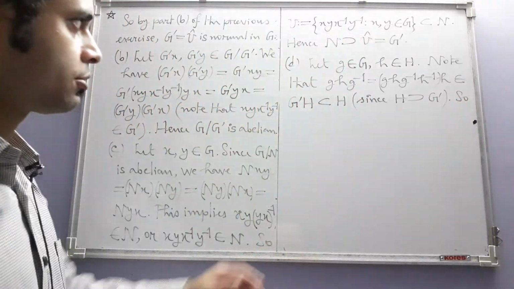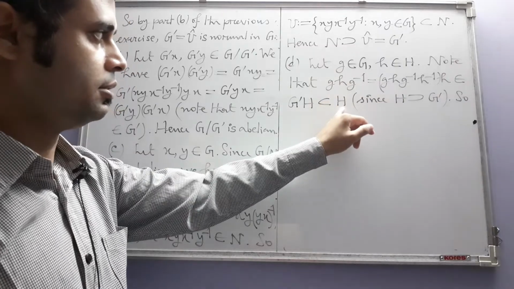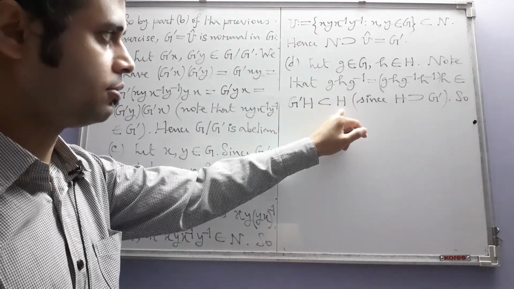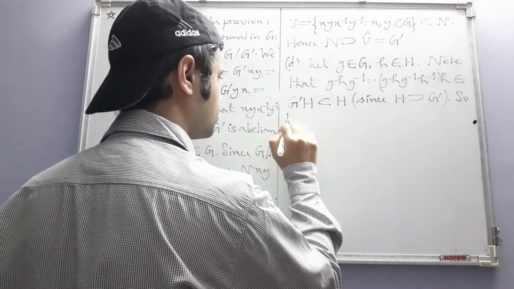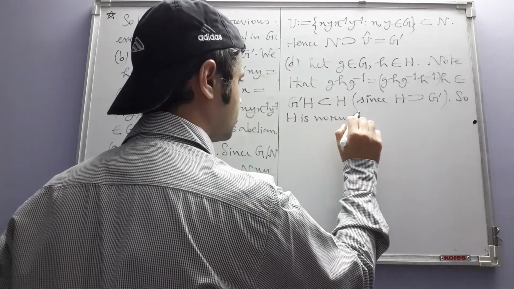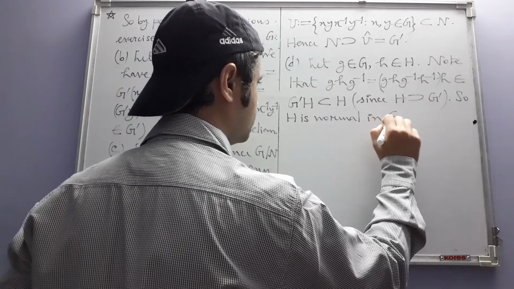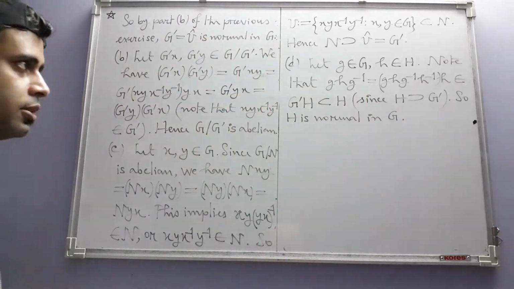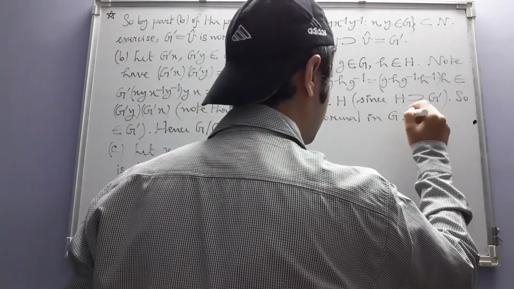So that just shows that g h g inverse belongs to H. So H is normal in G. So that completes the solution.